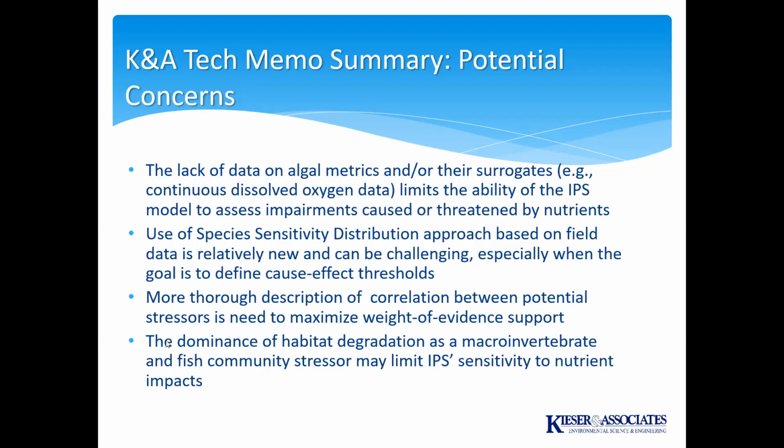A lot has been done in the development of IPS to get at that. But specifically, I think more can be done to describe how, for example, total phosphorus concentrations across a range of sites is correlated with conductivity, for example, or chlorides, or total Kjeldahl nitrogen, for example.